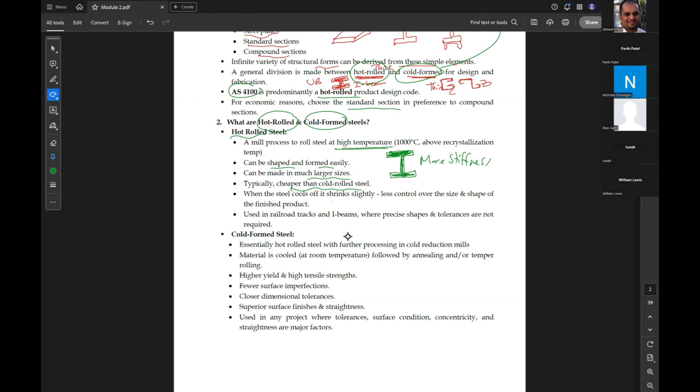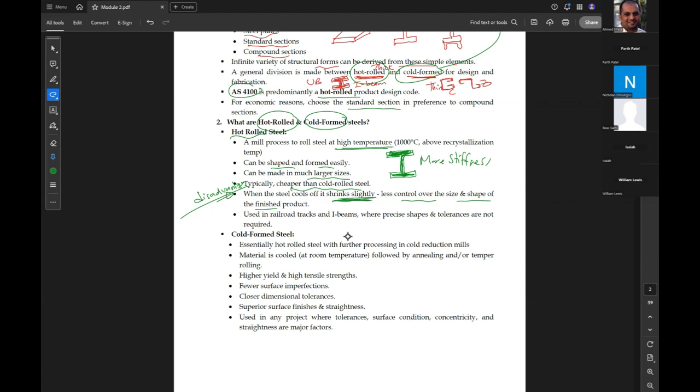When the steel cools off, it shrinks slightly. So this is one of the disadvantages of hot rolled steel, because after the temperature cools down, it shrinks slightly. This means that we have less control over the size and shape of the final product.